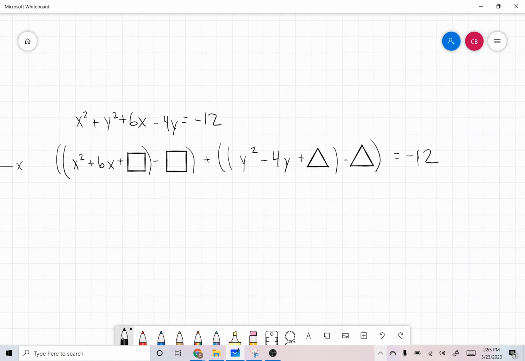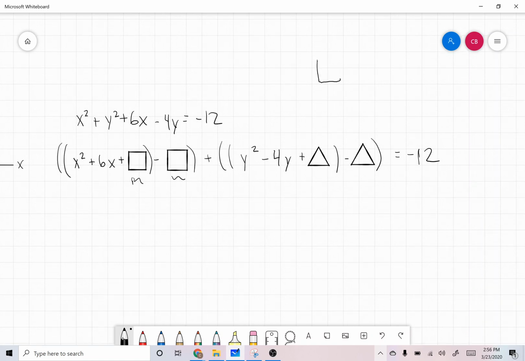So for the square, this one, the x values, we've got, remember, it's b over 2 squared, which is going to be 6 over 2 squared, which is equal to 3 squared, which is equal to 9. So we're going to add and subtract 9 in both cases.